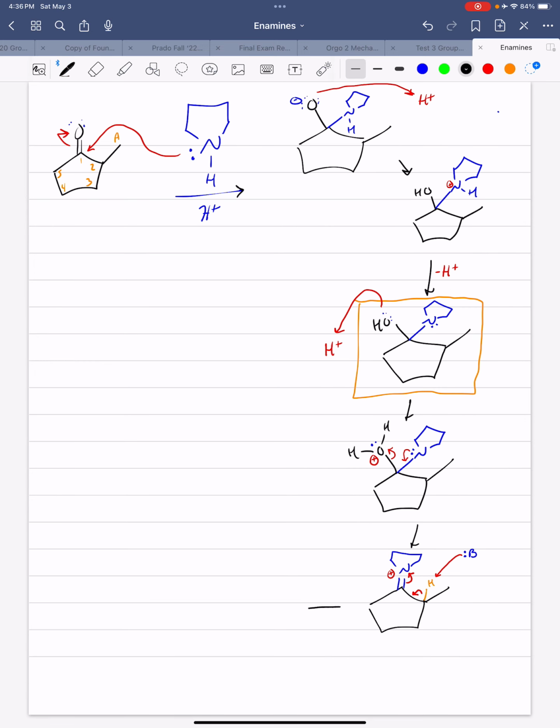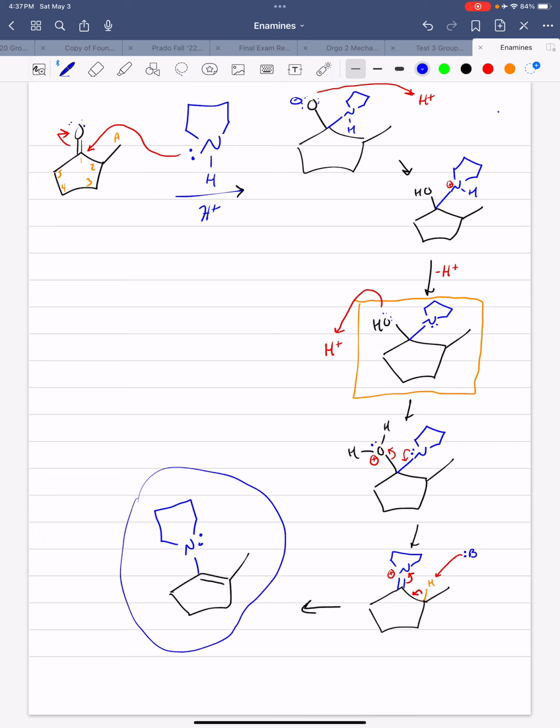And then that brings us to our final molecule. Methyl group here, double bond here. Nitrogen is now single bonded to that carbon. And we've restored neutrality to this molecule. And we're done. And that is what we call an enamine.